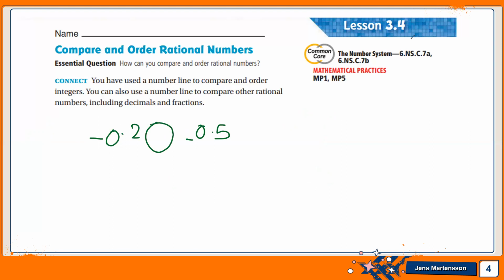First of all, you will write them without the sign. Which is greater, 0.2 or 0.5?